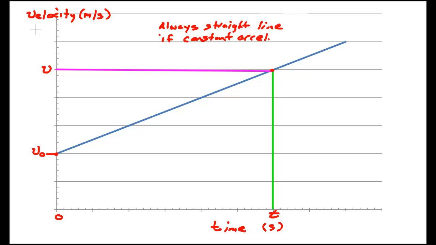We're now going to look at the third kinematic equation, which also comes from the velocity time graph. If you have a straight line on a velocity time graph, then you have a constant acceleration problem and the kinematic equations are true. Notice, in order for them to be, you must always have a straight line on a VT graph if constant acceleration.